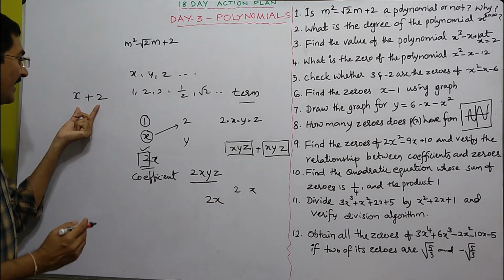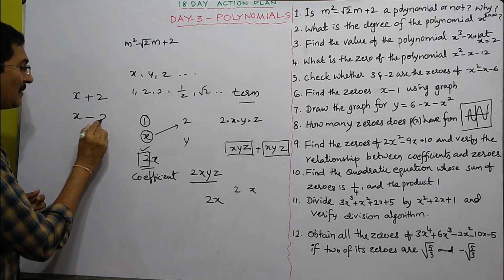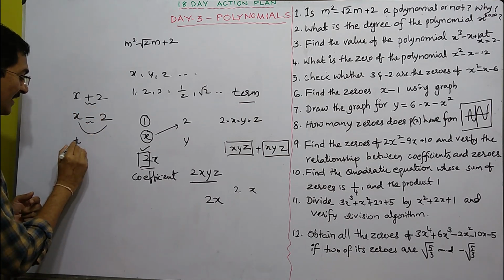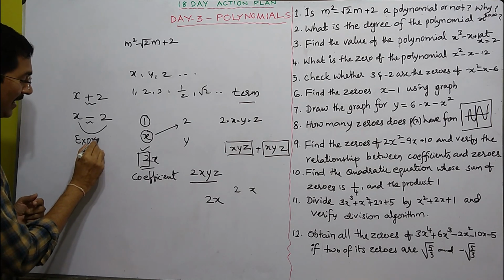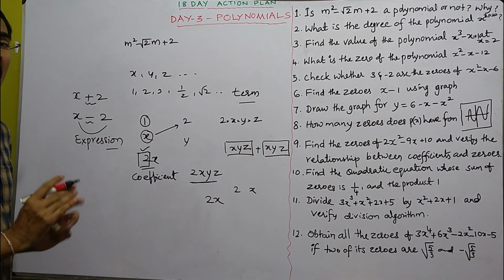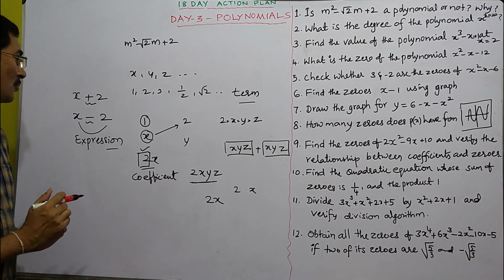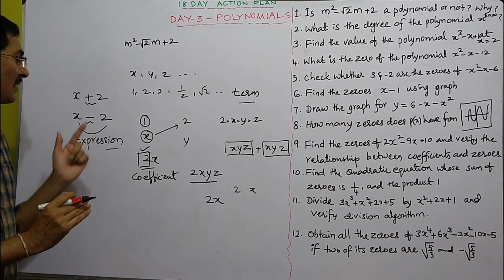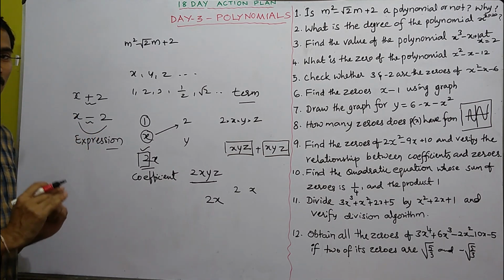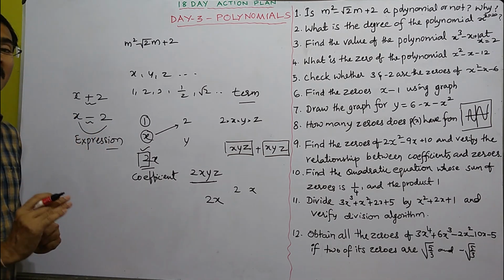But if they are added or subtracted, that means using a plus symbol or minus symbol, they form an expression, like a phrase in English. That means they have some meaning. So x minus 2 means what? This is 2 less than x. So this is how we understand an expression.